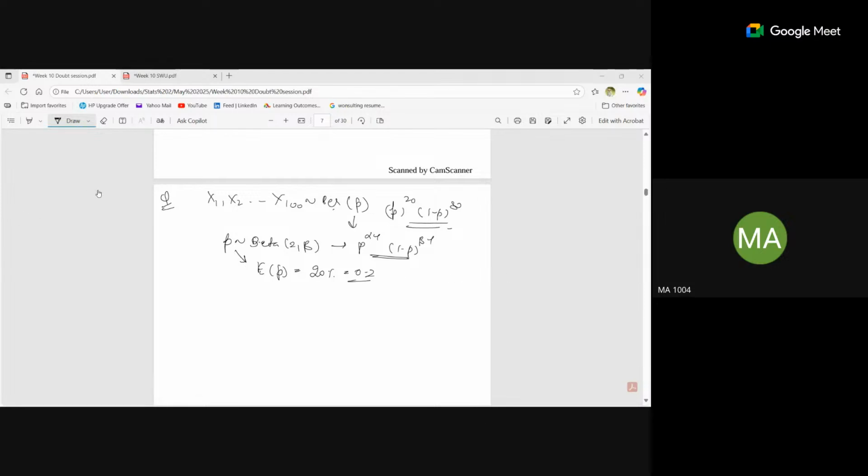In activity 7, X is following a uniform distribution with A comma B, which is a continuous one, and the other is discrete. So if it's discrete, X is following this. Consider a sampling from the distribution and find the maximum likelihood estimator.